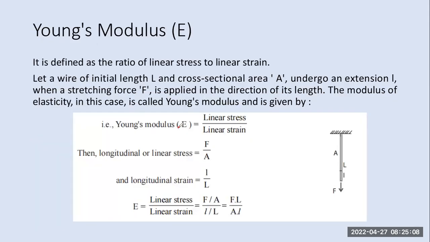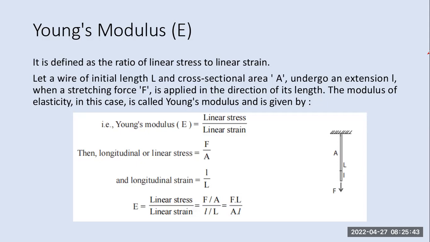So again, Young's modulus, represented as capital letter E, is defined as the ratio of linear stress to linear strain. Example, let a wire of initial length L and cross-sectional area A undergo an extension l, kumbaga yung change of length niya l, small letter l, when a stretching force F is applied in the direction of its length.